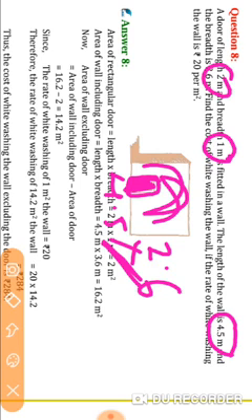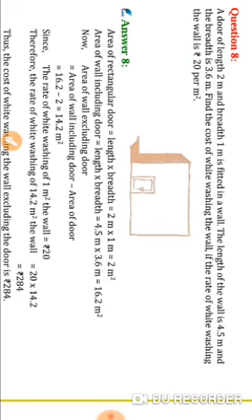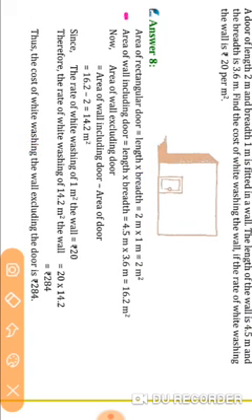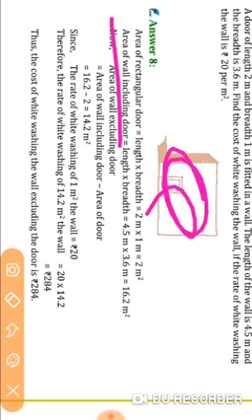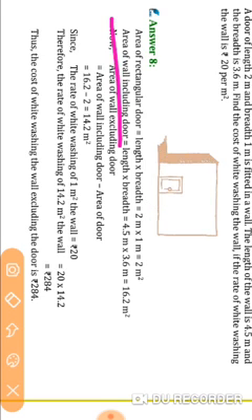At the rate of rupees 20 per meter square. That means for 1 meter square, 20 rupees. Understood? So, area of the rectangular door is equal to length into breadth. 2 meter into 1 meter is equal to 2 meter square. Then the area of the wall including the door: first we take the total area, then subtract the door.